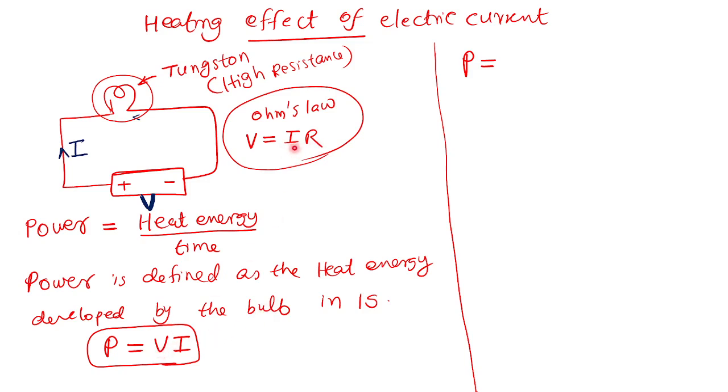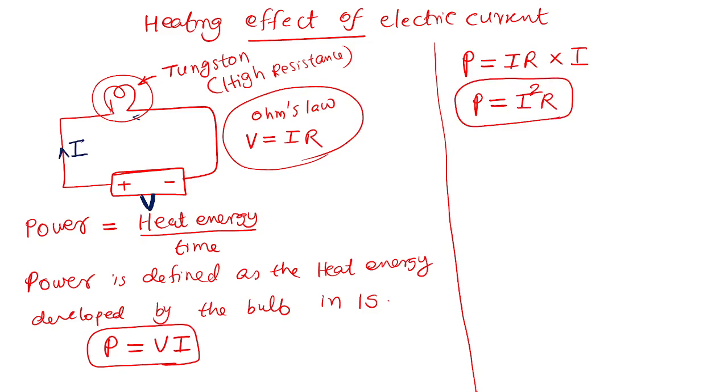I into R by Ohm's law. So I can replace V by IR. So P equal to IR into I. So we have a formula P equal to I into I, which is I square R. P equal to I square R.